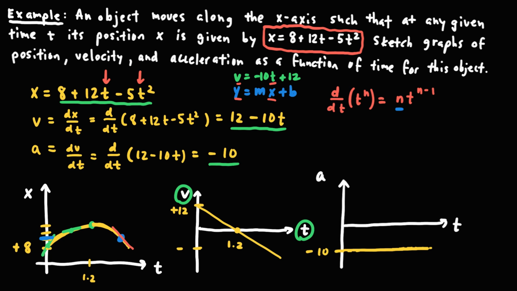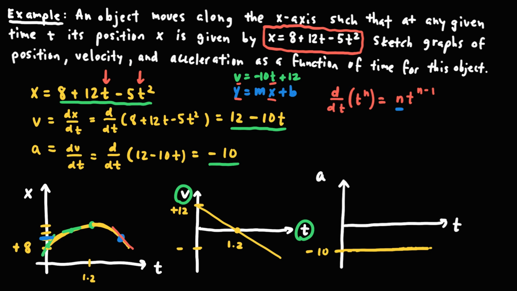I think with that, we've got some well sketched out graphs here. And I want you to notice that x depended on t squared, and we got a curved parabolic graph for the position versus time graph. The velocity depended linearly on t, and we got a straight line for the velocity versus time graph.